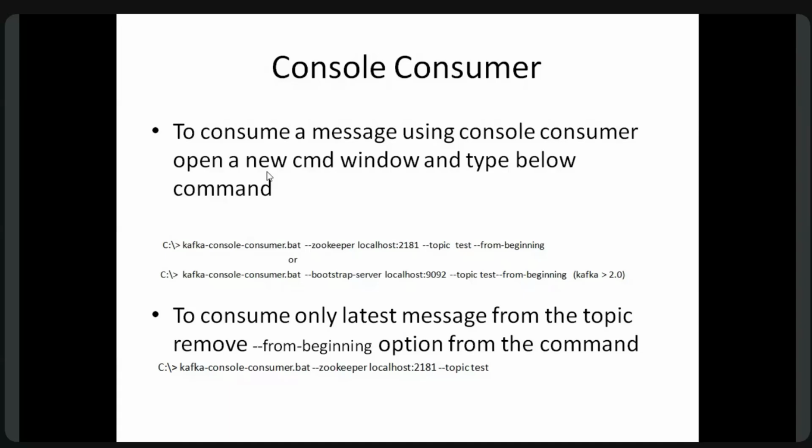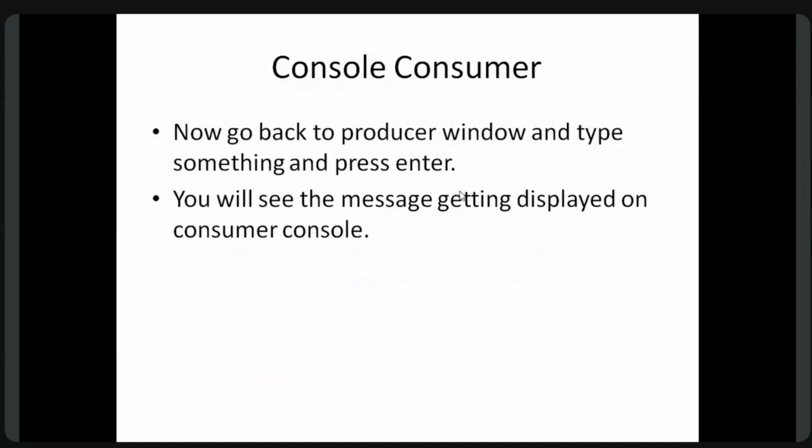If the producer wants to produce any data, it will run. Similarly, if the consumer wants to consume something, it will run. And both are independent of each other. They are interacting using Kafka. So you have to keep those two tabs open whenever you are running producer and consumer.